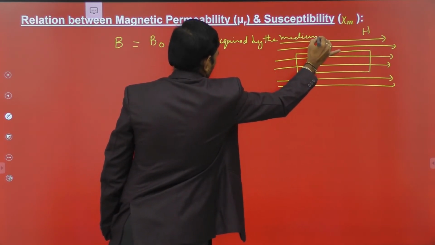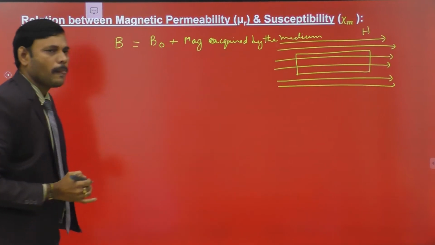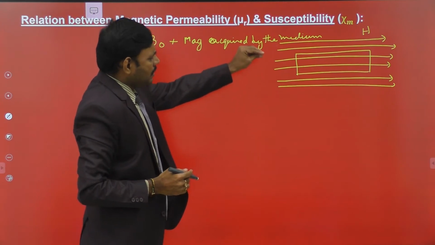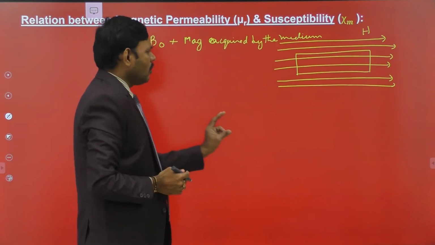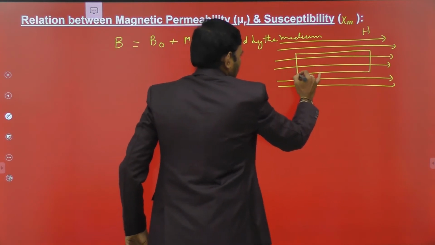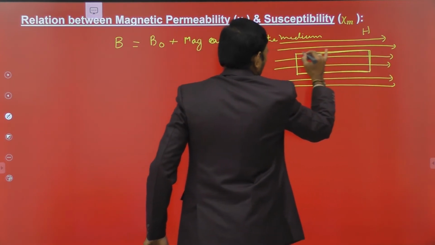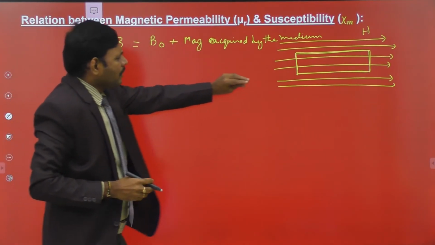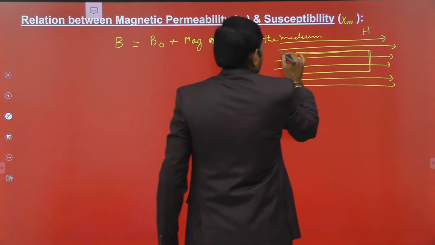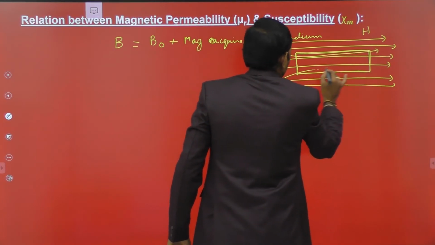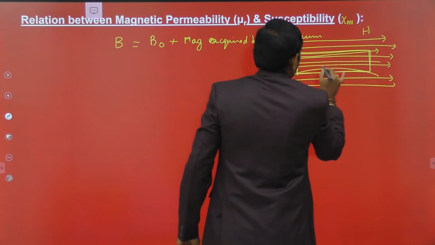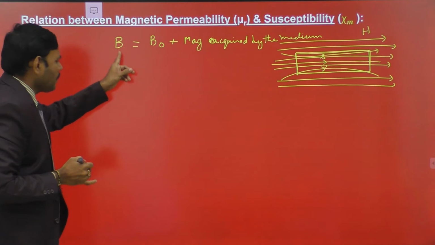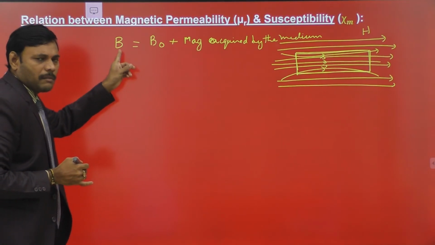Students, this is the important line to start the derivation. B naught is the magnetic field in the free space. Now we introduced a magnetic material, which is in this rectangular form, into that medium. Then the net magnetic field present in the material is B. The resultant magnetic field present in the material is B.